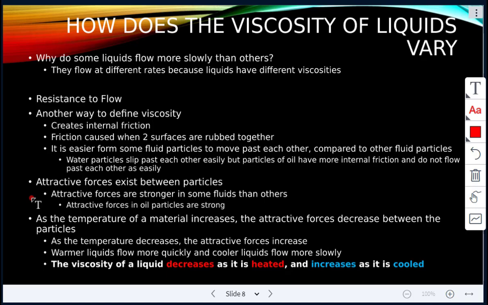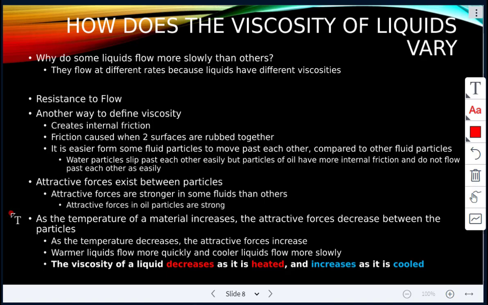Now if we look at temperature, if we increase temperature, the attractive forces between the particles are going to decrease. As temperature decreases, the attractive forces increase. Think about honey. I like to use honey as an example. If you have honey sitting in the back of your cupboard, it goes hard, right?